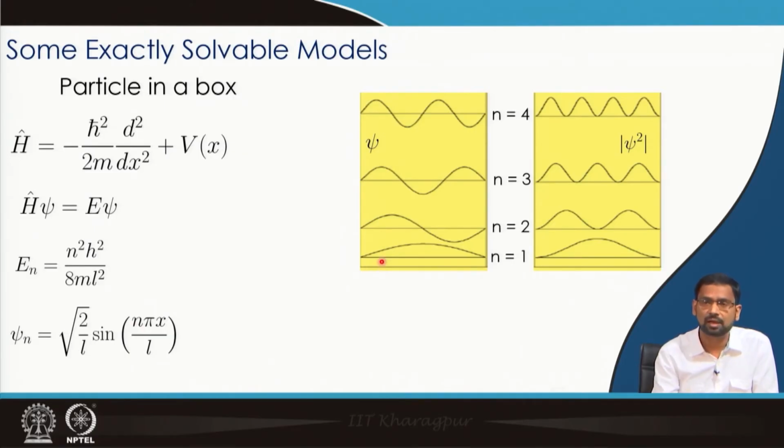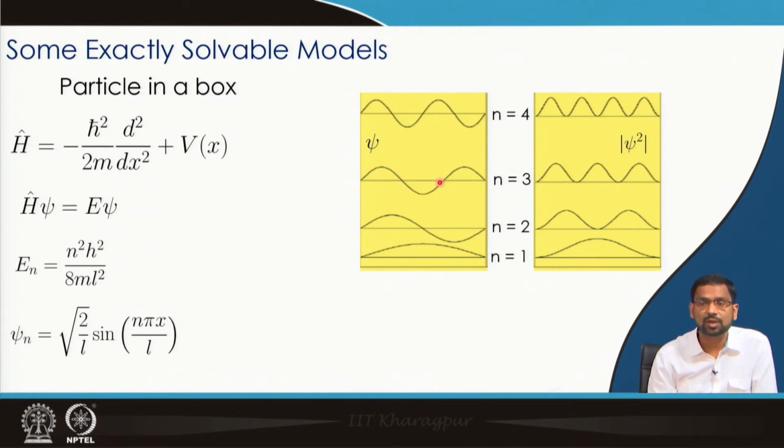You essentially would observe that as I go to higher values of n, I am trying to fit more and more periods of the sine function into the same length of the box. So as I go higher in energy level, I start to see more places where the wave function becomes 0. For example, here, here, here, or in this case here and here.